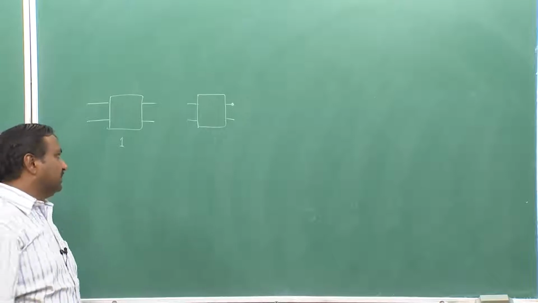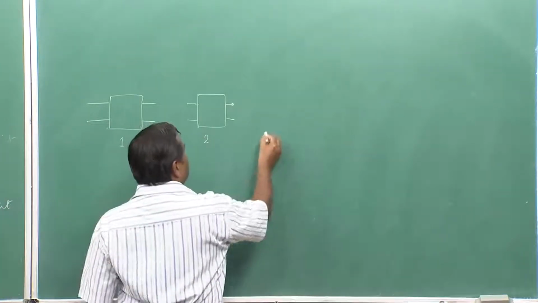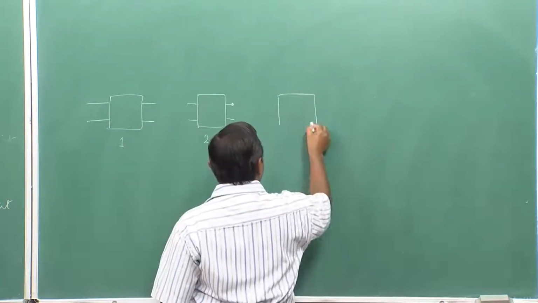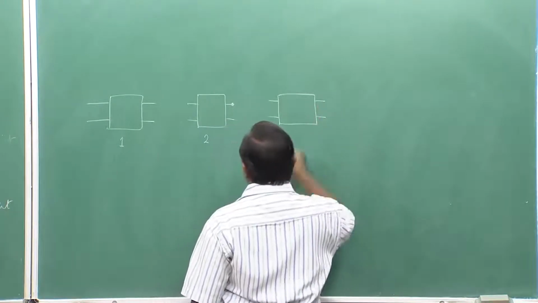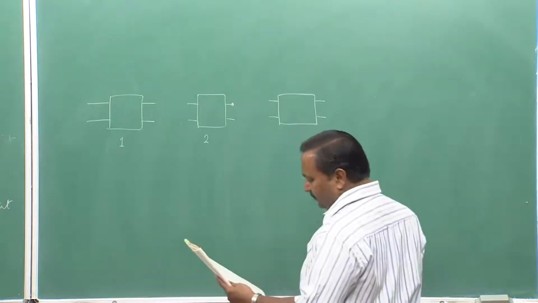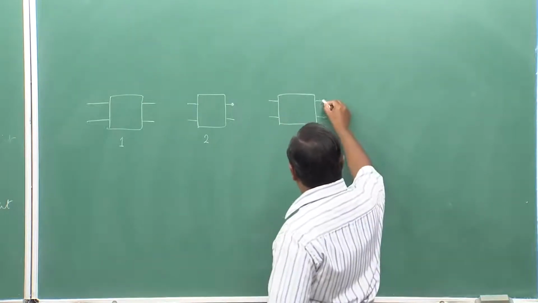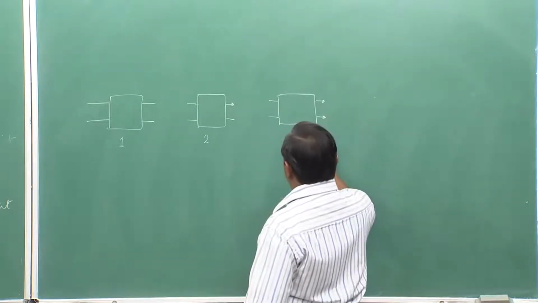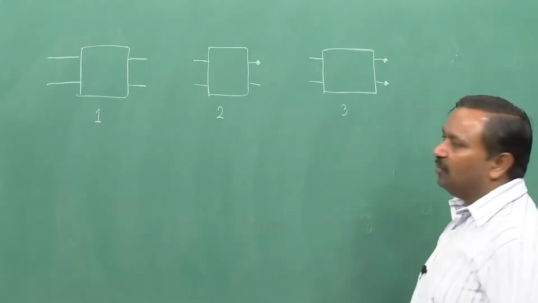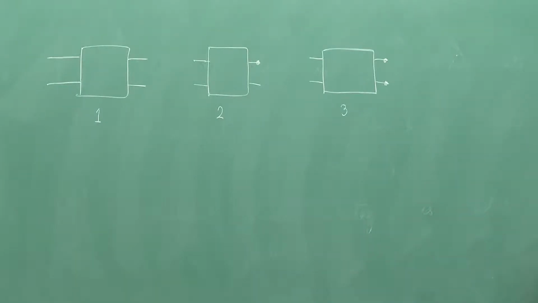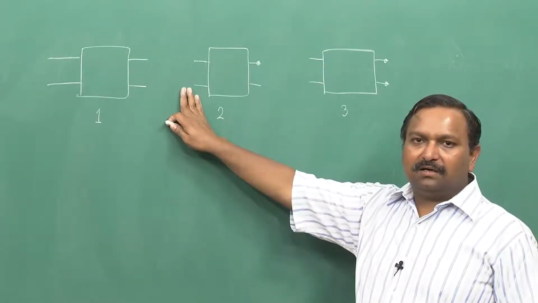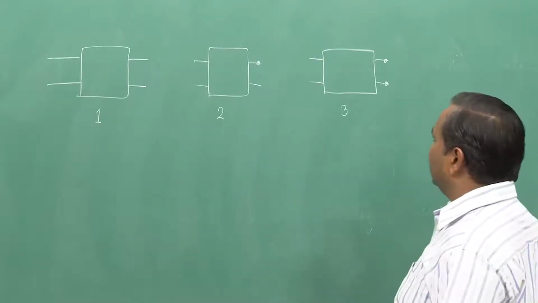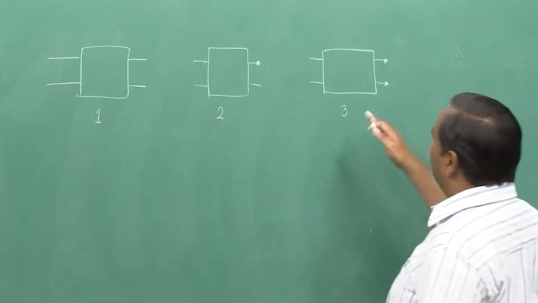The third possibility is 2 packets on the outgoing side, with no packet at the input; this is state 3. Now I have exhausted all the possibilities with no packets at the input buffers, considering only the output side.